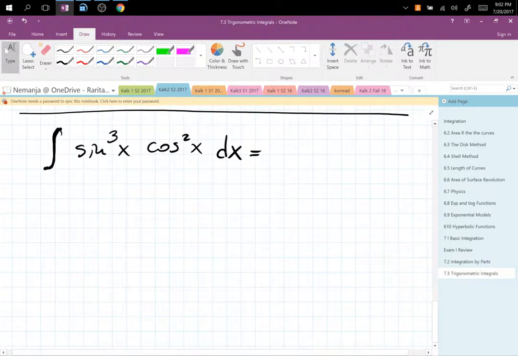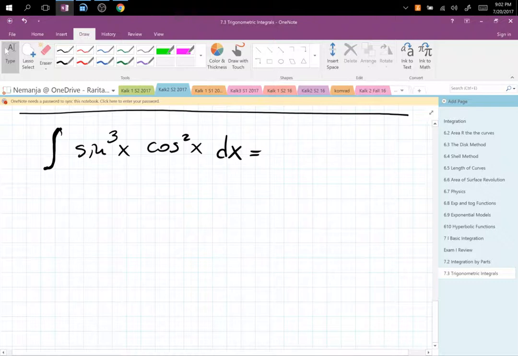So what you can get is 2 odd powers, 2 even powers, or a mixture. That should be common sense, right? If you have odd power anywhere, that's the easy problem. If you have 2 even powers, that's going to be the annoying problem. I can't label them as hard. I have to label them as annoying. Annoying because you are going to use power reducing formula to solve those.